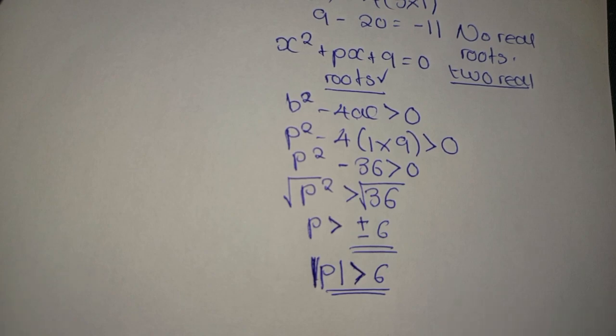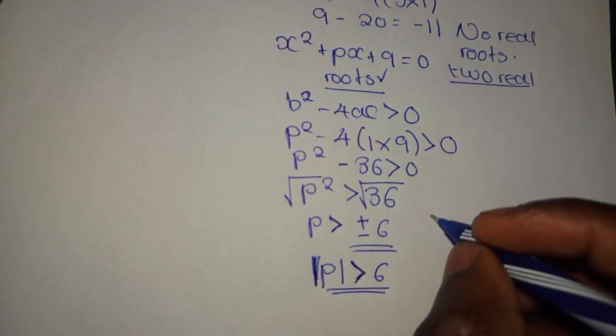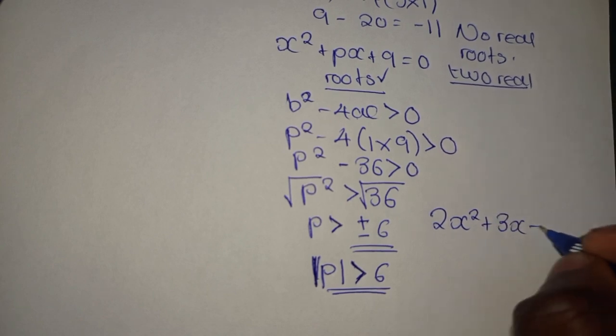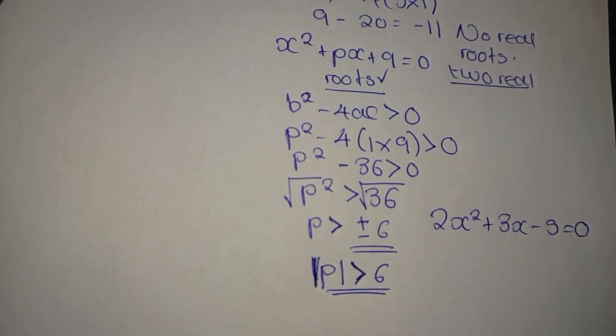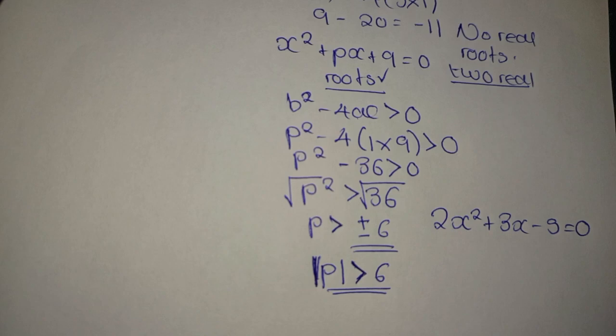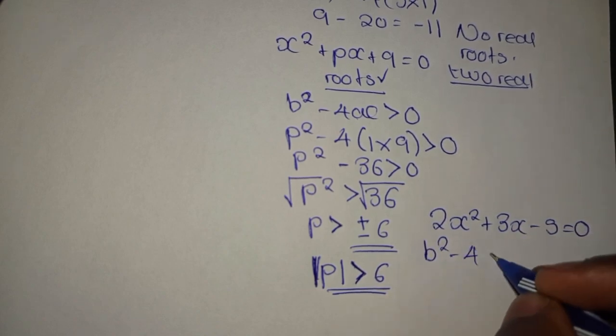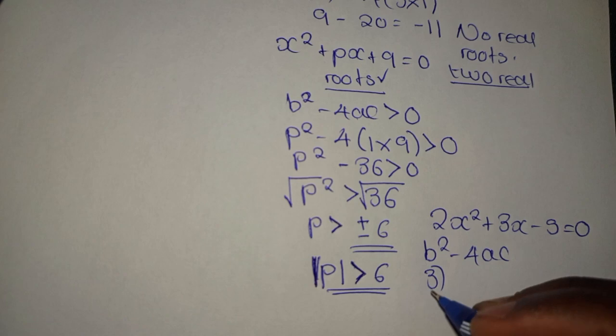So we can have the last example under types of roots. The last example we can have is 2x squared plus 3x minus 5 equal to 0, where to get the type of roots, we get the discriminant and you just plug in here.